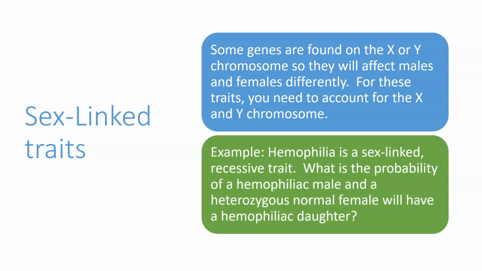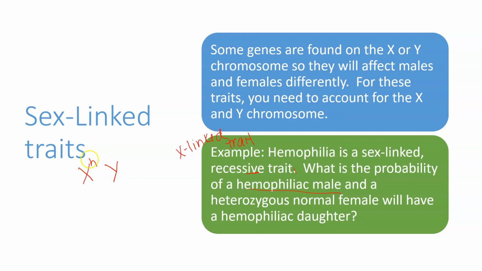What is the probability of a hemophiliac male? Okay, so let's start there. So we know that a male is going to be XY, right? And I should have written this on here, but this is going to be an X-linked trait, hemophilia. So if it's a hemophiliac male, and we know it's recessive, then this has to be a little h, right?